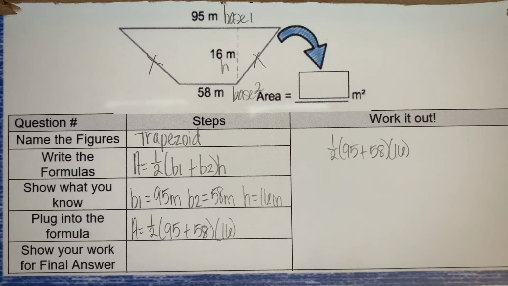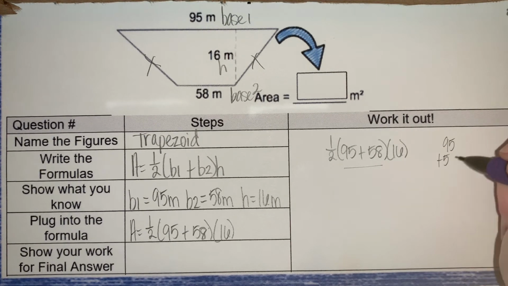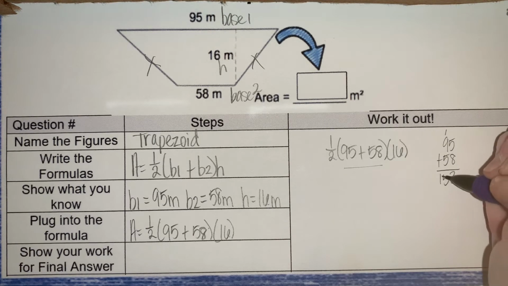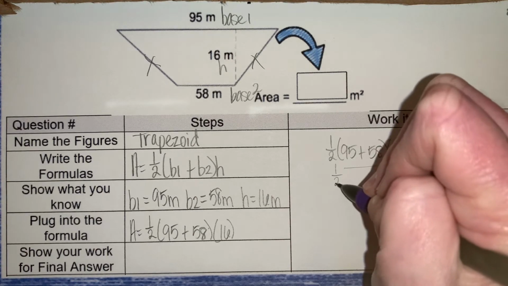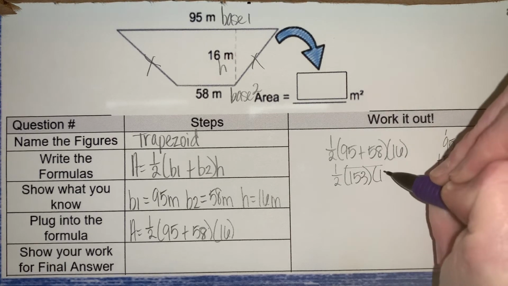Again, following the order of operations, we have to add inside the parentheses first. So 95 plus 58. If you need to write it out to the side, you can. 95 plus 58 is 153. Half times 153 times 16.